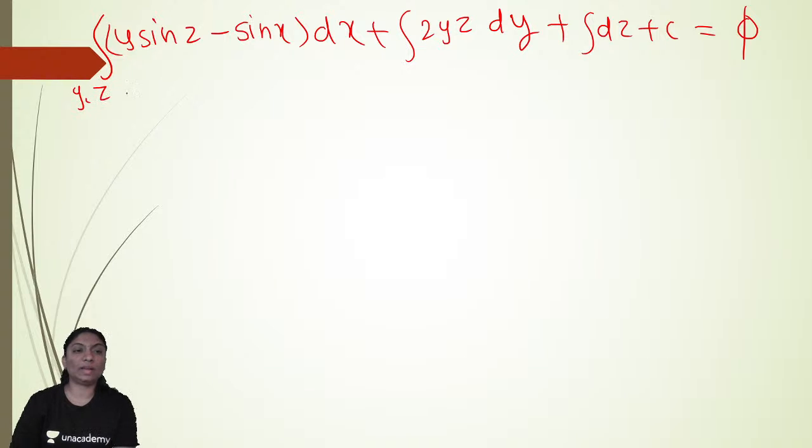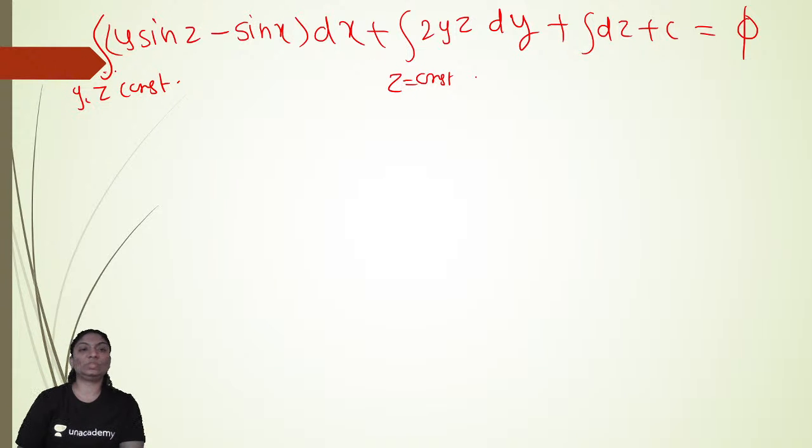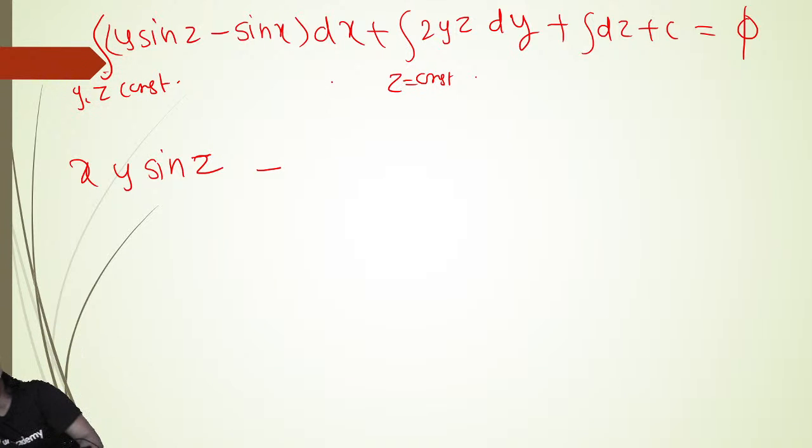So keeping y and z constant, integrating this with respect to x, we get xy sin z, minus integration of sin x.